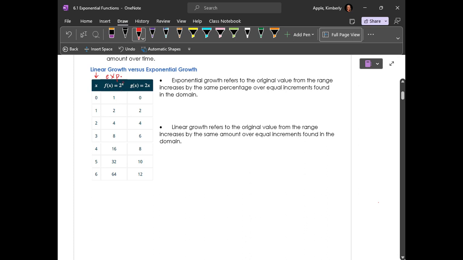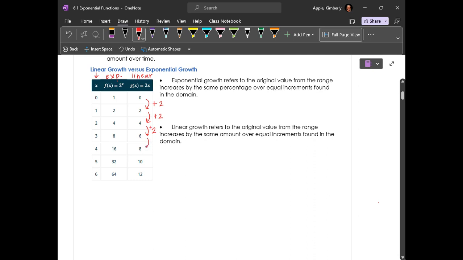Notice the exponent is a variable, and this one is linear, which is something that we're familiar with. It has the rate of change in front of the x. And so the way this particular linear function grows is it increases by an added amount every single time in terms of the output. So the slope is 2, or the rate of change is 2.